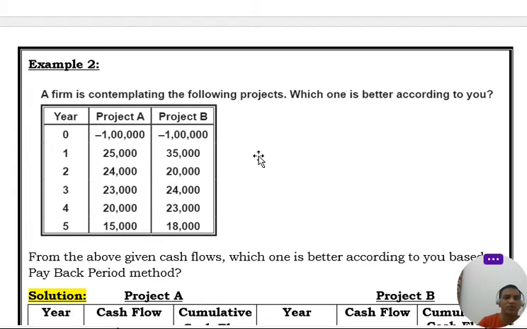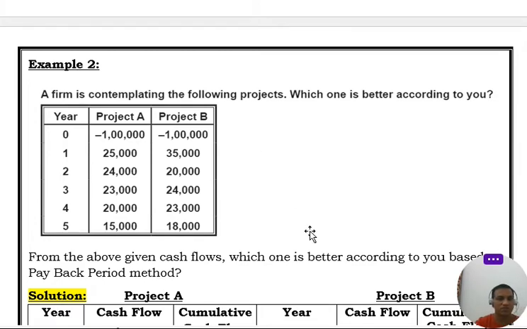That means non-uniform. When the cash flows are non-uniform, you have to apply the interpolation formula. For that, first you have to prepare a table having the cumulative cash flow values.